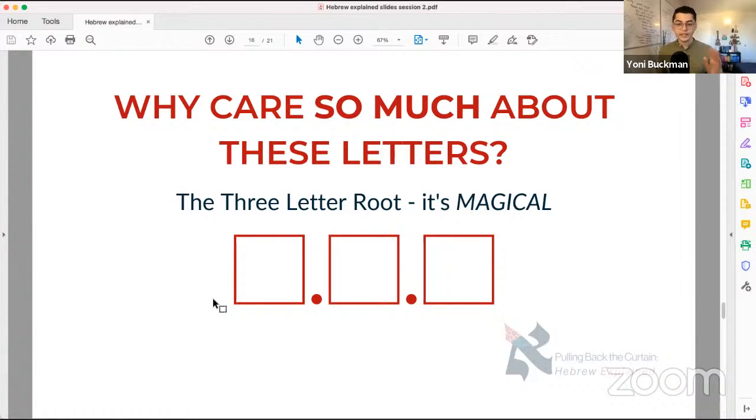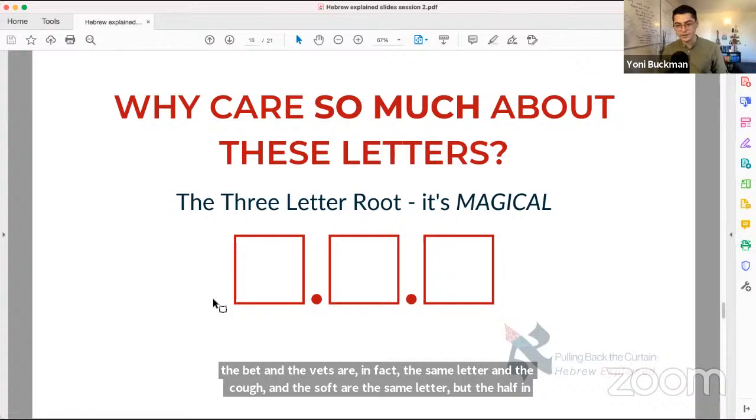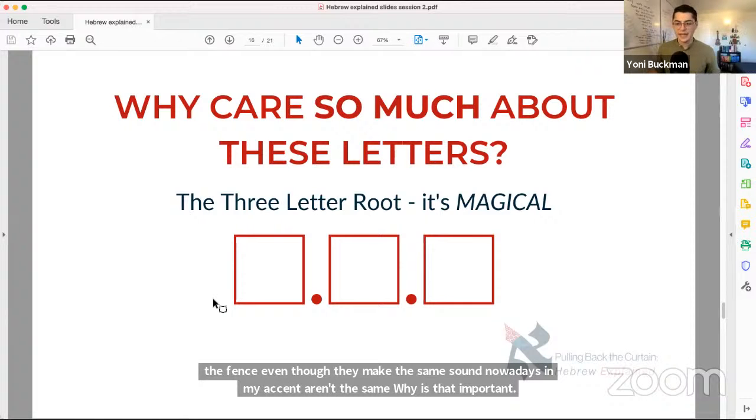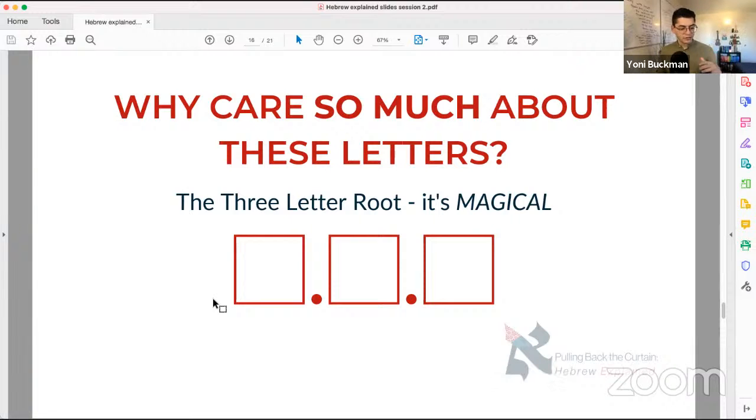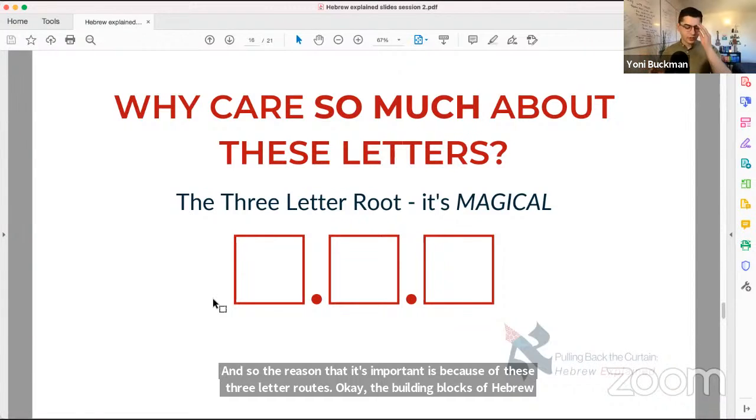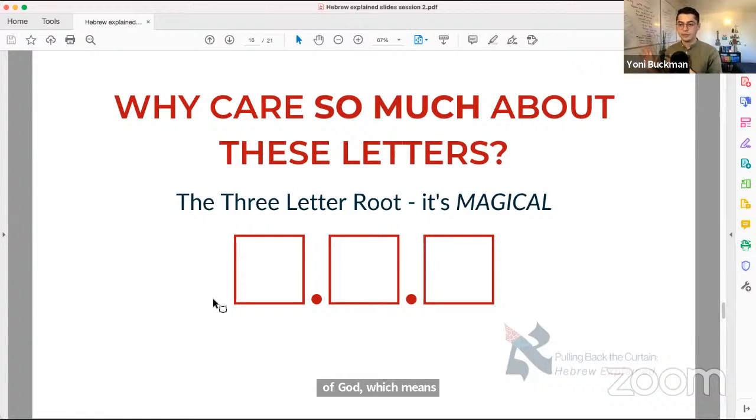Now, some of you might say, well, Yoni, what about a 2-letter root like the word yad, which means hand? Yes, there are seemingly very primitive words that have 2 roots. There's a book on my shelf called How the Hebrew Language Grew, by Edward Horowitz, I think. He talks about how it's possible that early on, before the writing system, there were only 2-letter roots.